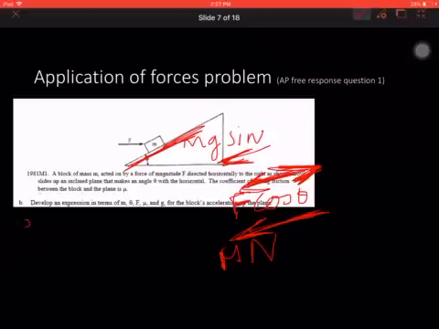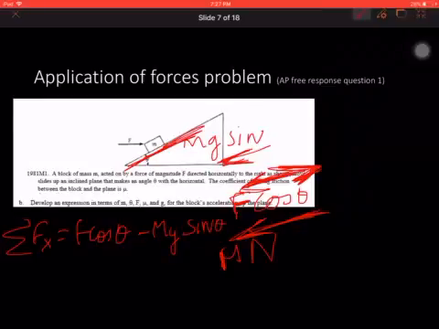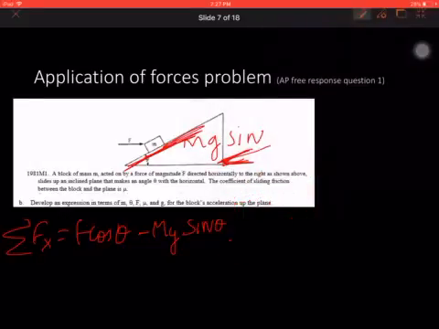So what we have here are our forces in the x direction. We have applied force F cosine theta, which is positive because it's going in the direction of motion, minus mg sine theta because it's going this way, minus our friction force, which is also going this way.